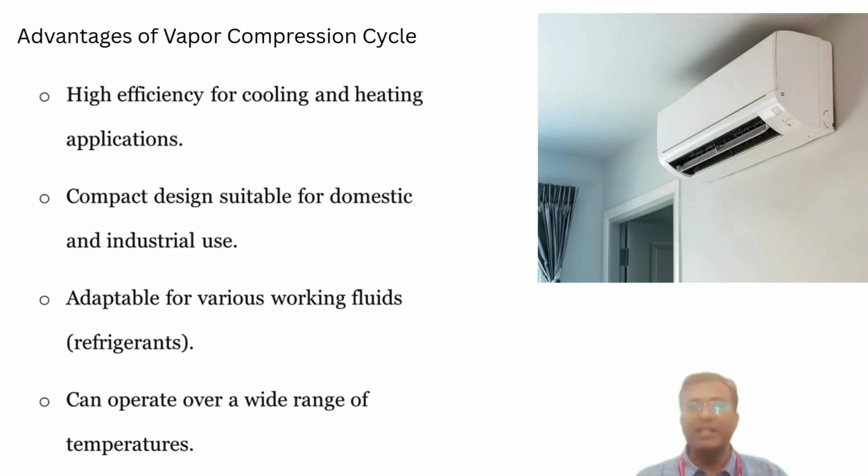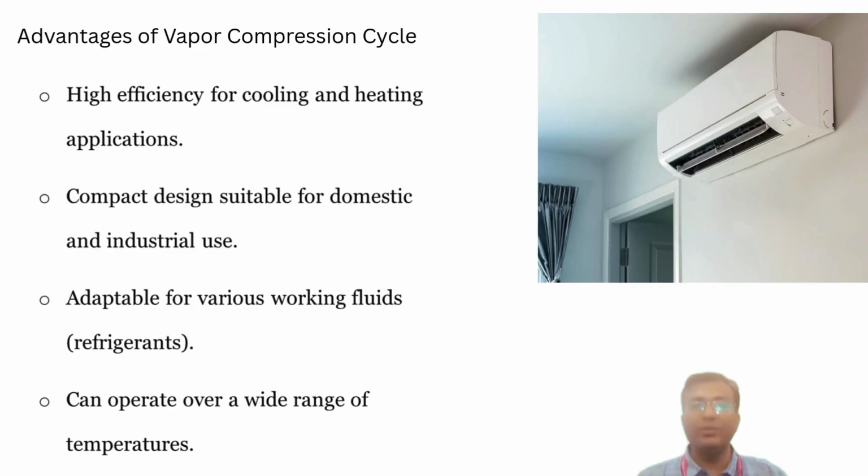Fourth, it operates over a wide range of temperatures. The temperature in the freezer is at minus 20 degrees centigrade, and the temperature in the room where the air conditioner operates is at 25 degrees centigrade. This makes the vapor compression refrigeration cycle reliable for different tasks.